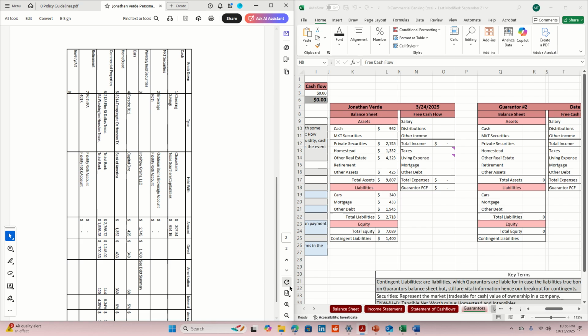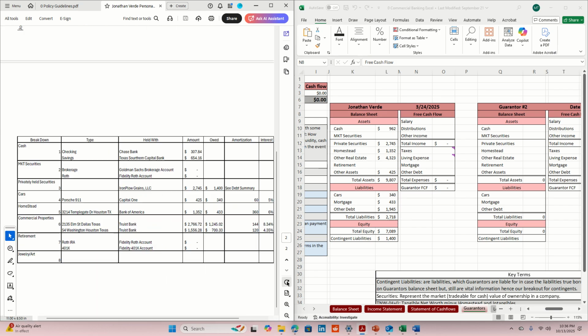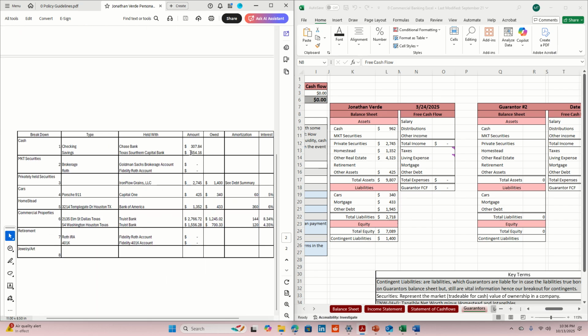We have a breakdown of what everything is on the balance sheet. So you see where it says cash, they have two checking accounts, which breaks up that 962. They have privately held securities, which is, in my case, Iron Plow Grains. Now, some of you guys might have different information than me, but I'm still going to show you how to fill that section out.